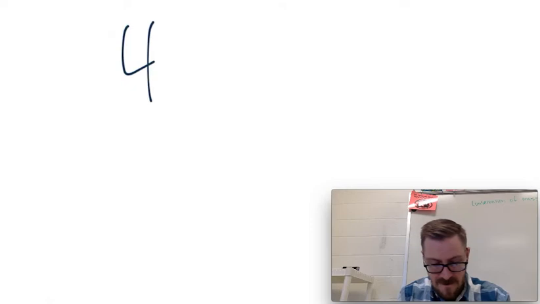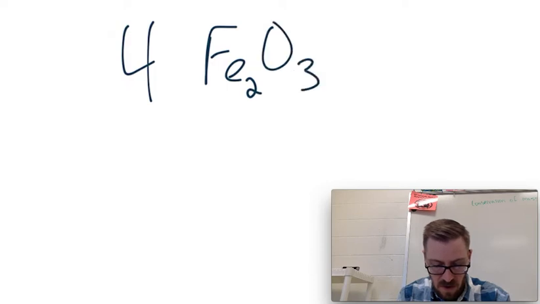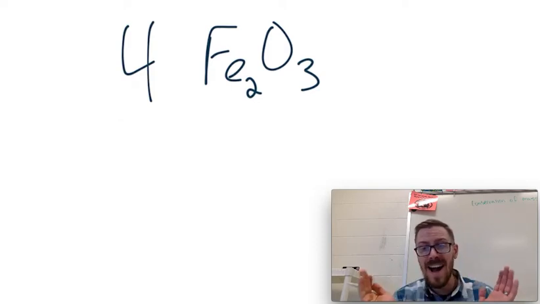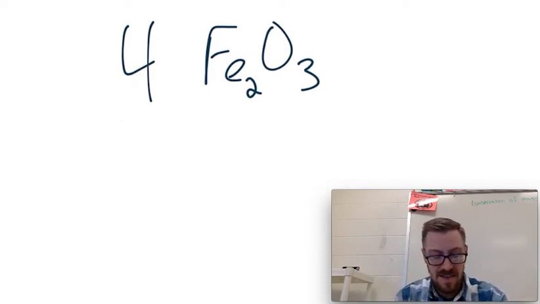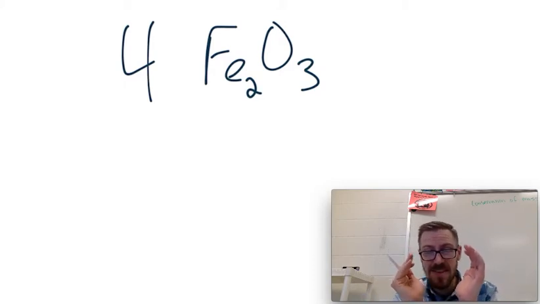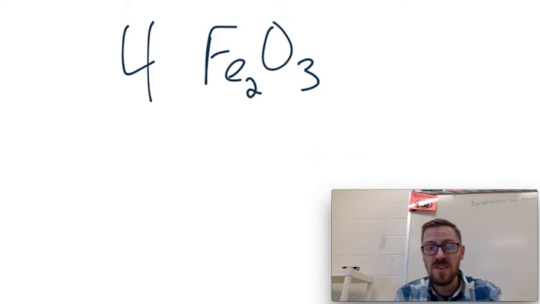So if I put like 4Fe2O3. This right here is called a coefficient. It just means you make that many whole copies of the entire thing. So where the parentheses only apply to the stuff inside the parentheses, the coefficient applies to the entire thing.